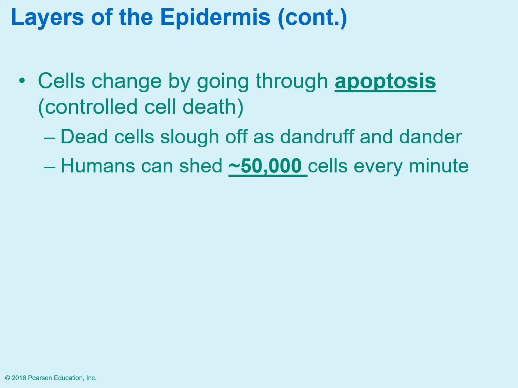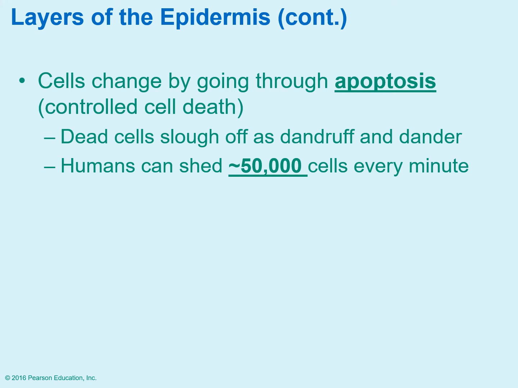So cells are going to be going through different changes as they're moving up the layers towards the surface, called apoptosis. This is a very regulated and controlled type of cell death. Now what happens if down at the basal layer you have cells constantly going through mitosis? And I said it takes about 25-45 days for the cells to push all the way up to the surface.